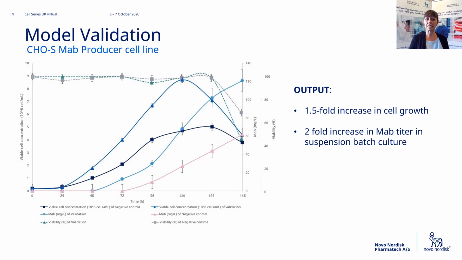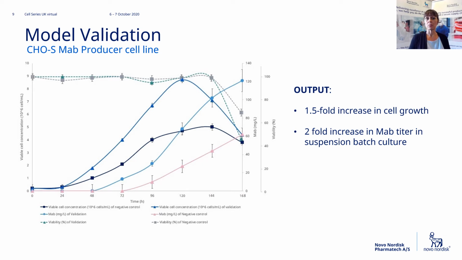The line with the triangle in light blue shows cell growth in the CD optimized media versus the dark blue line, which is the negative control. And the light blue circle line shows that mAb titers in the CD optimized media were better than the one with the pink triangles, which was the negative control.